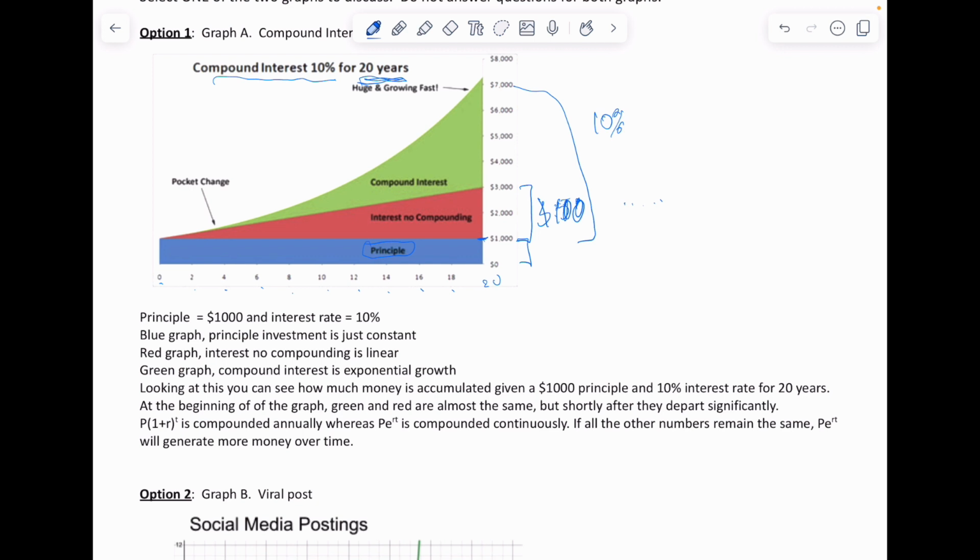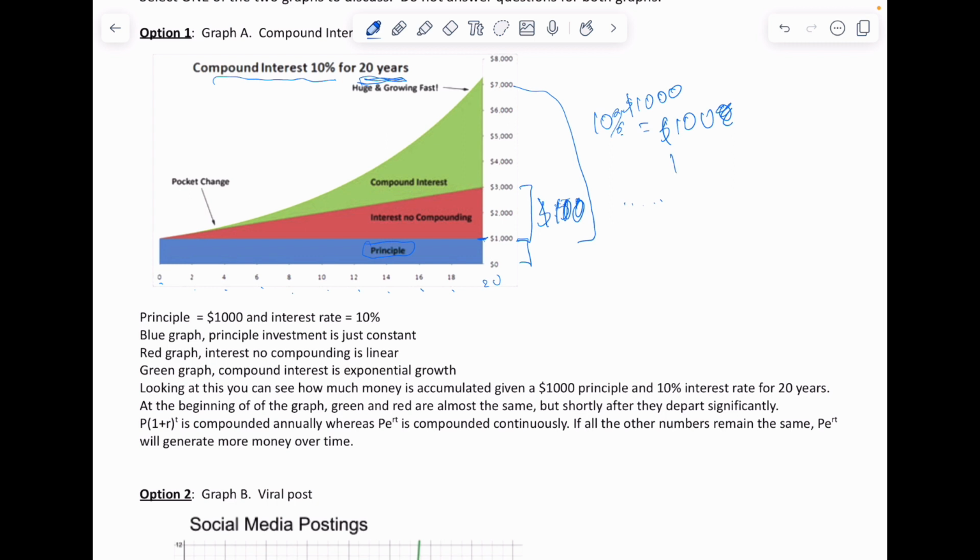So that very first year when you had $1,000, 10% of that is exactly $100. But then the following year, now your bank doesn't just have $1,000.